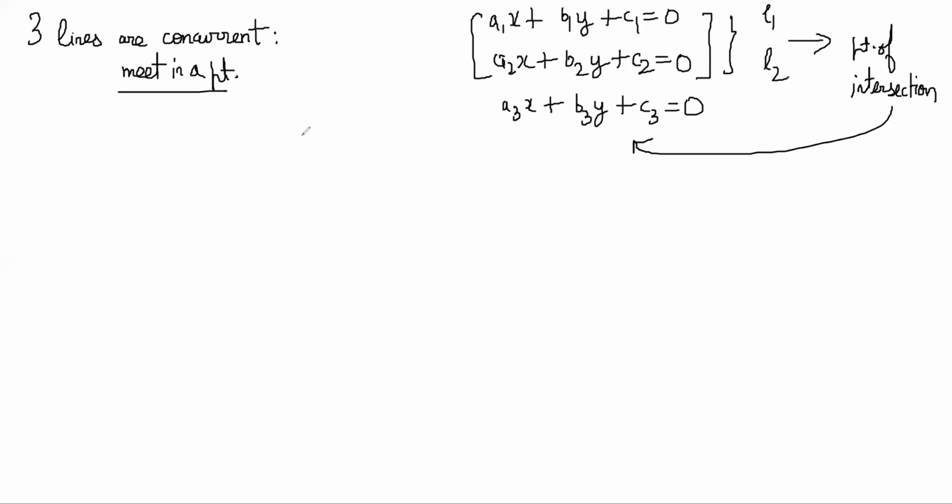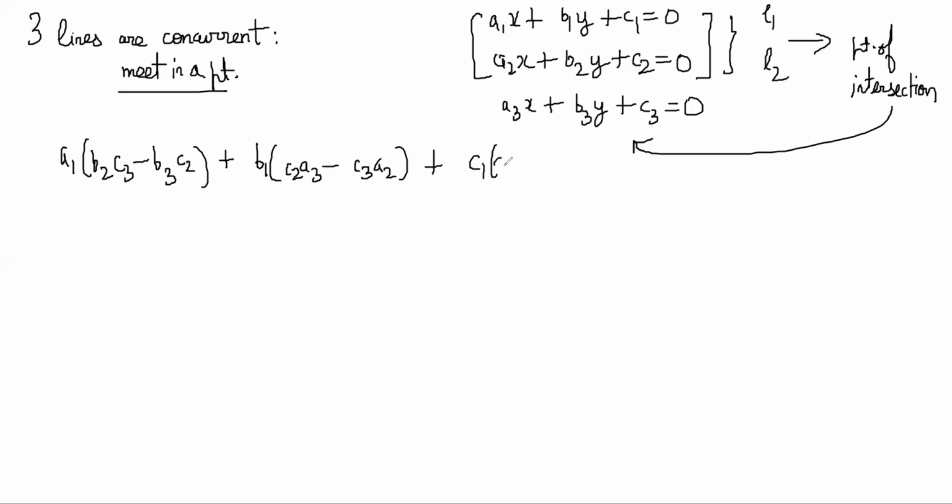So finally you'll end up getting a long condition, which you don't have to memorize: A1 (B2 C3 minus B3 C2) plus B1 (C2 A3 minus C3 A2) plus C1 (A2 B3 minus A3 B2) is equal to 0.